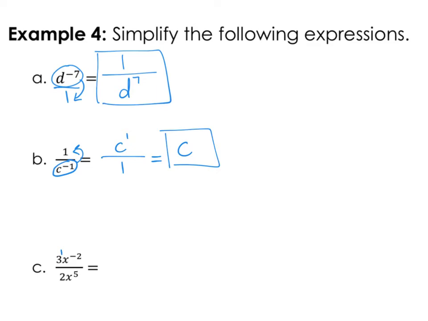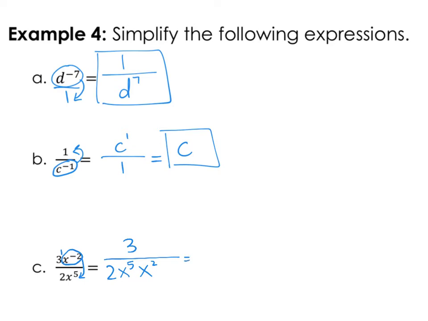It does not have a negative exponent. So the thing that I need to move is this x to the negative 2. It needs to go down to the bottom of our fraction. That 3 is going to stay on top. The 2 stays on bottom. The x to the 5th stays on bottom. And that x that was on top is going to go down to the bottom, and it's going to become a positive 2.